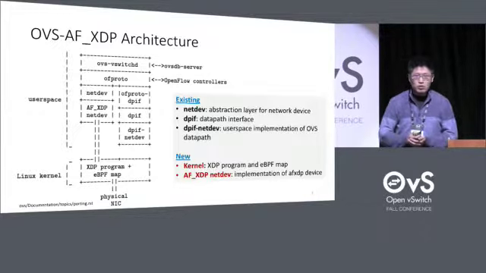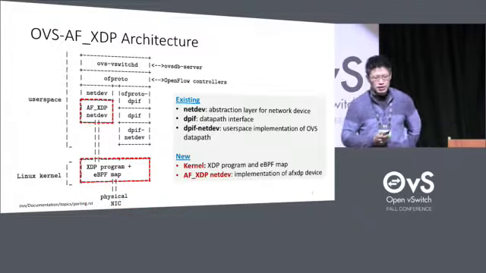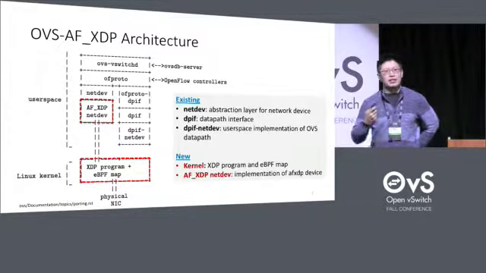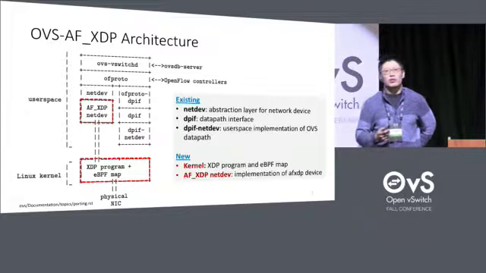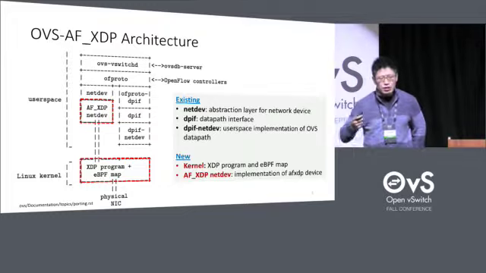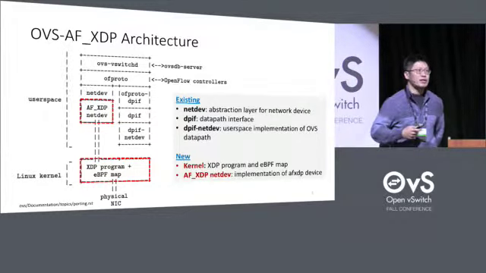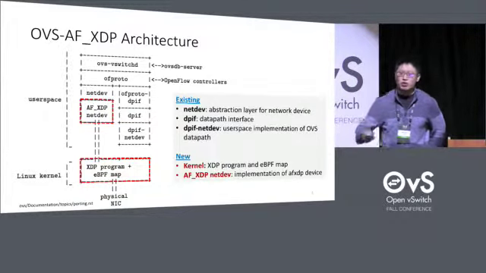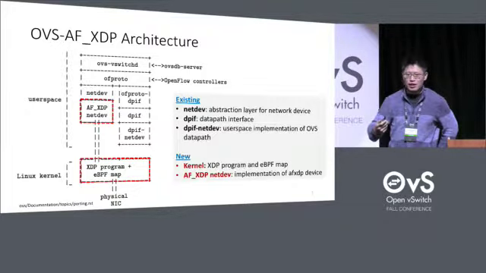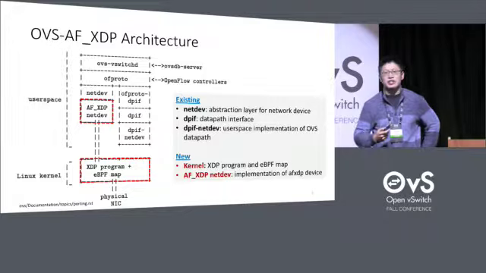In this work, what we introduce is a new netdev type called afxdp. And in the Linux kernel part, we no longer use a kernel module, but instead we insert an XDP program. The program is very simple, just to forward the packet as fast as it can to the user space afxdp netdev.